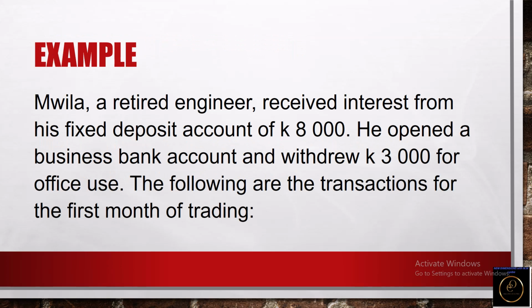Let's look at an example so that we may understand how a cash book is prepared. As I've said, when you are looking at cash transactions as a source of a transaction which is going to be recorded in the book of original entry, be reminded that for the cash side, we'll have the receipts cash book and also the payments cash book.